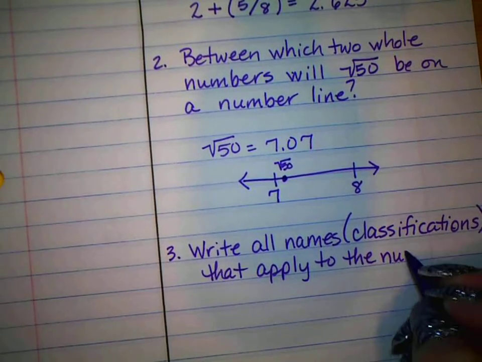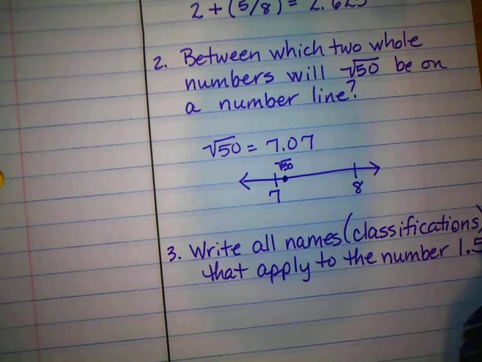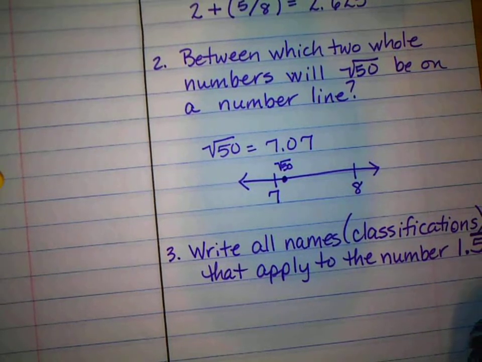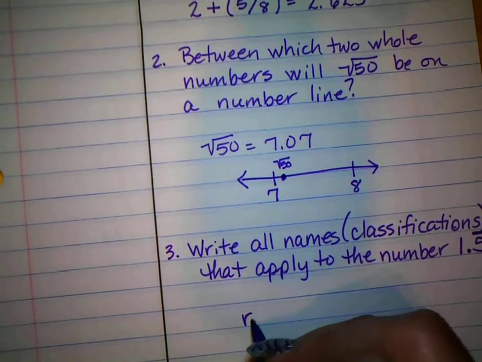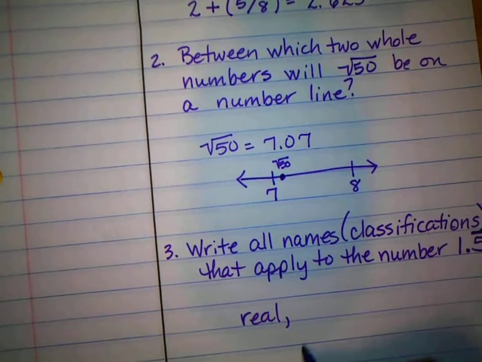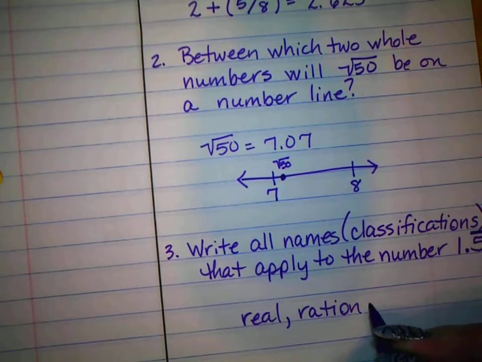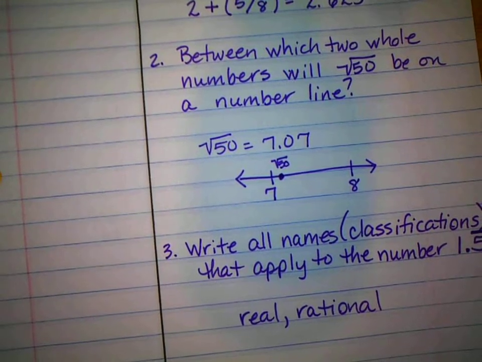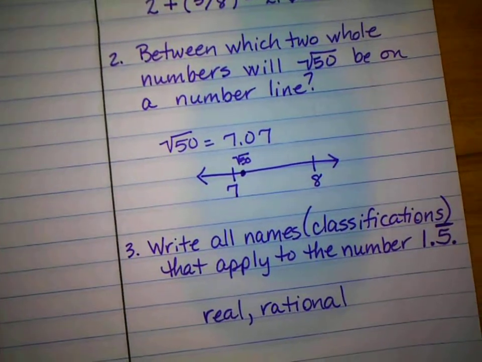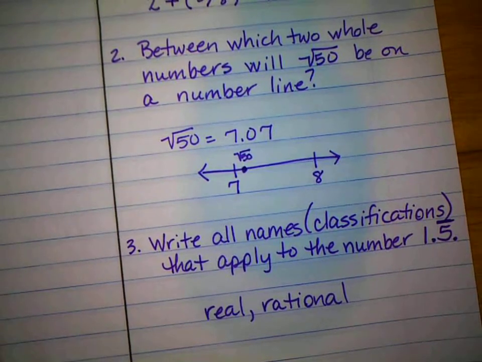And our number today was 1.5 with a repeating bar. And it is a real number. It is also a rational number because we can write that as a fraction. It will not fall into integers or whole numbers.